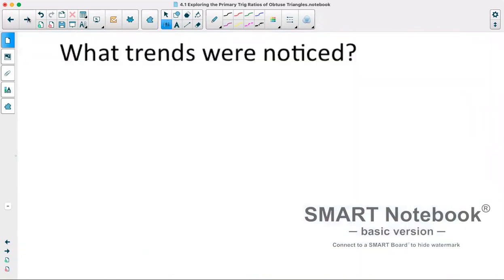So what trends were noticed? We noticed that sine of our angle and sine of 180 minus our angle were the same.